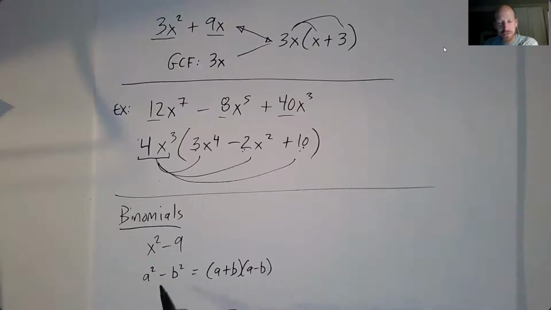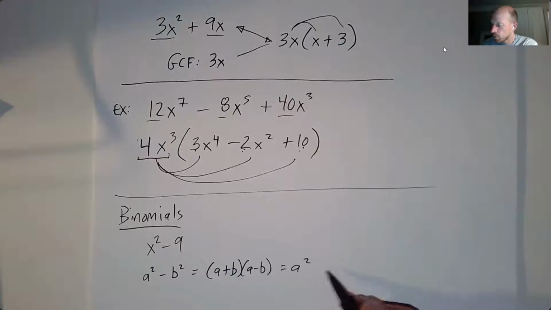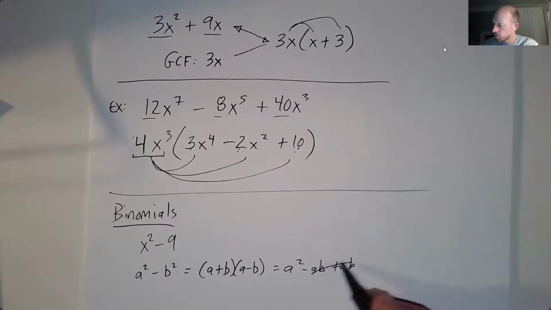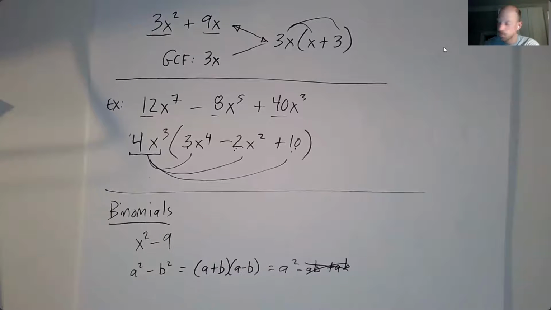And you can check this just like we always do when we factor. We're sort of going one way and multiplying is going back the other way. So when I multiply these, I get a squared and I get a minus ab and a plus ab. And we may recognize this pattern from multiplication, that those middle terms are going to cancel here.